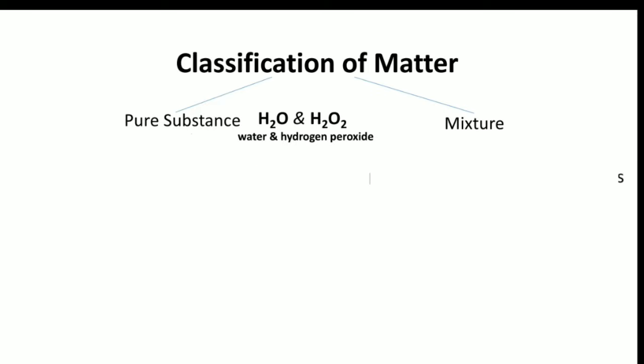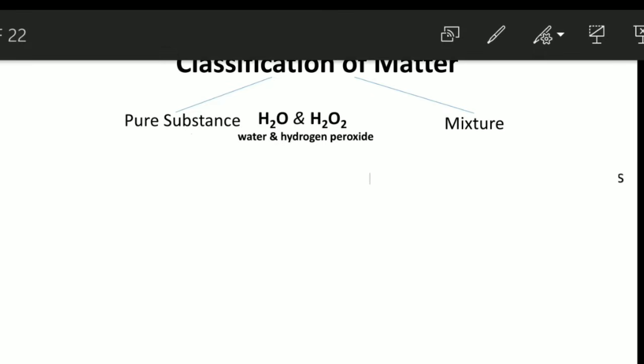But notice the ratio of hydrogen to oxygen in both substances. In water, it's 2:1. In hydrogen peroxide, it's 2:2. So this means that these two are two different pure substances, and in fact exhibit different sets of physical and chemical properties.